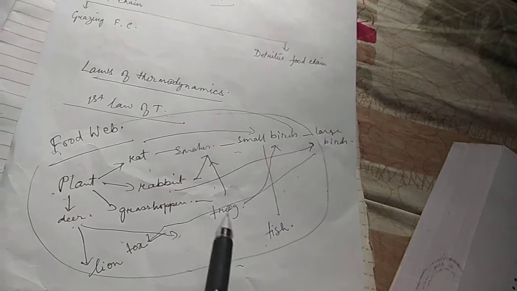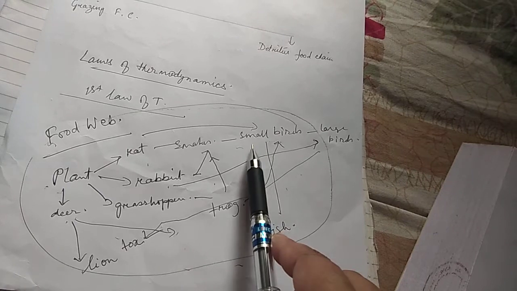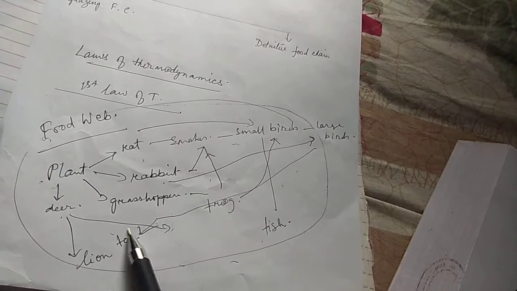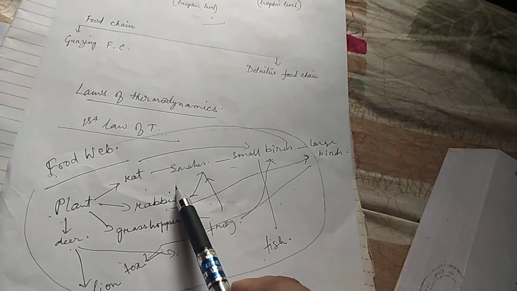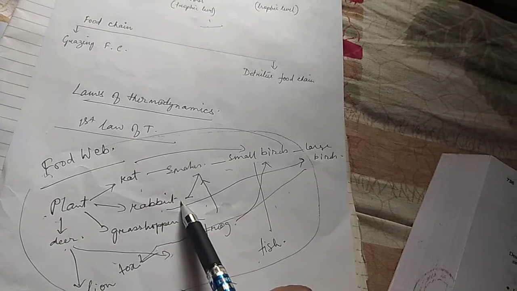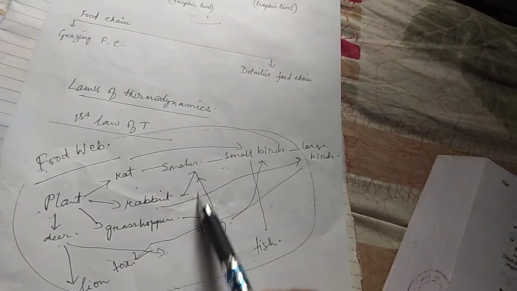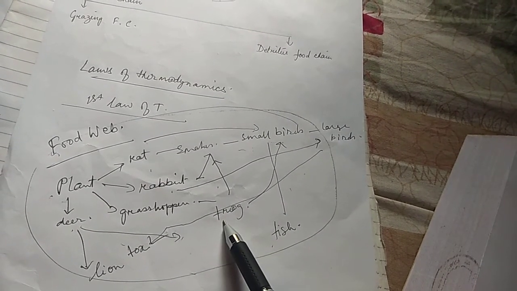But in a food web, we can see that food options for the carnivores or the consumers are several. So they give options for food. If any of these herbivores gets extinct, then they will have another source of food.